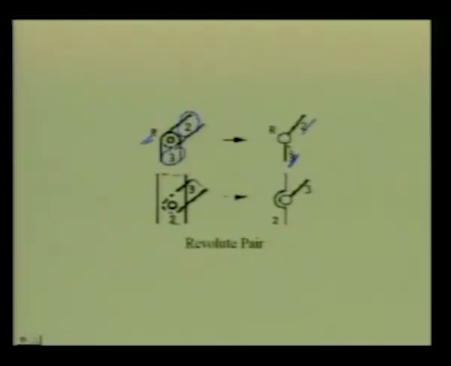The revolute pair is represented by a small circle, and the center of the circle denotes the axis of the revolute pair. For example, if the actual construction looks like this, the kinematic diagram will be as shown in this. The link 2, which extends beyond the revolute pair as seen here, is represented by this line diagram.